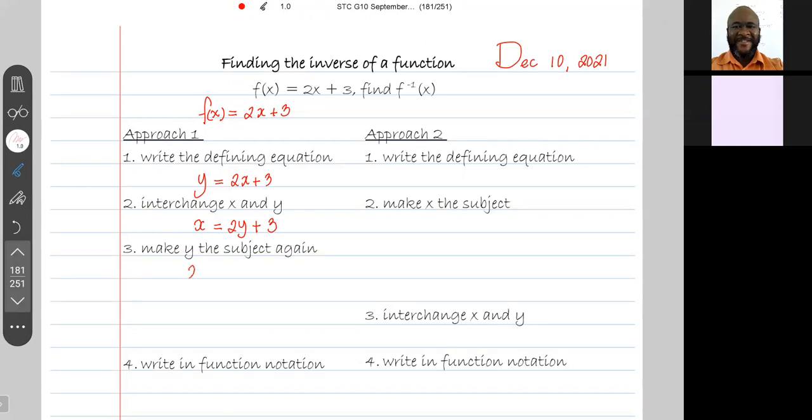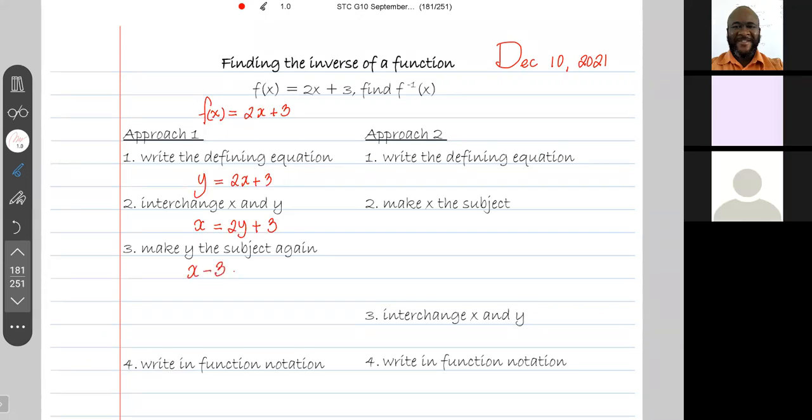So we're going to have x minus 3 is equal to 2y. Positive 3 on the right goes over to the left and becomes negative. Then I'm going to divide both sides by 2. And when I do, I'm going to end up with y is equal to x minus 3 over 2. Step 3 is to make y the subject again.